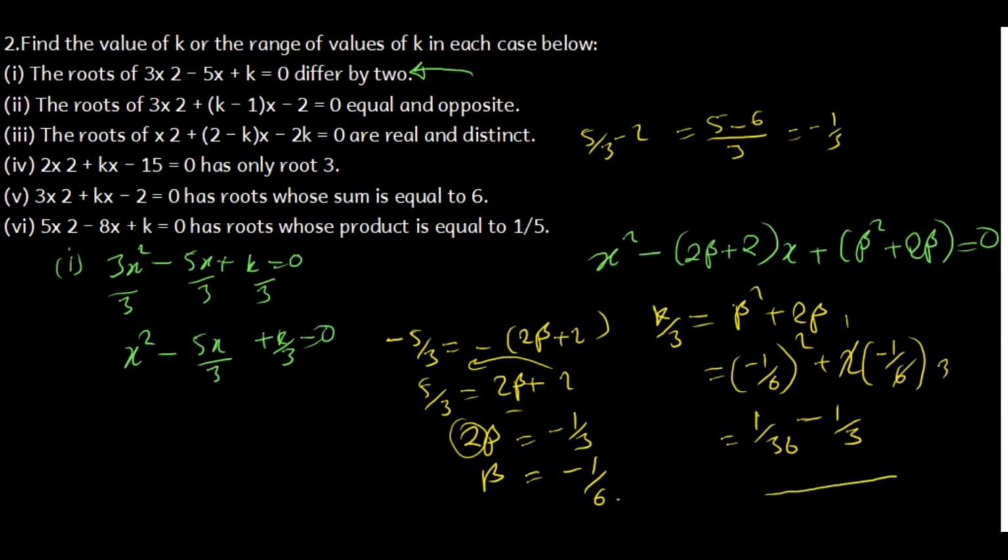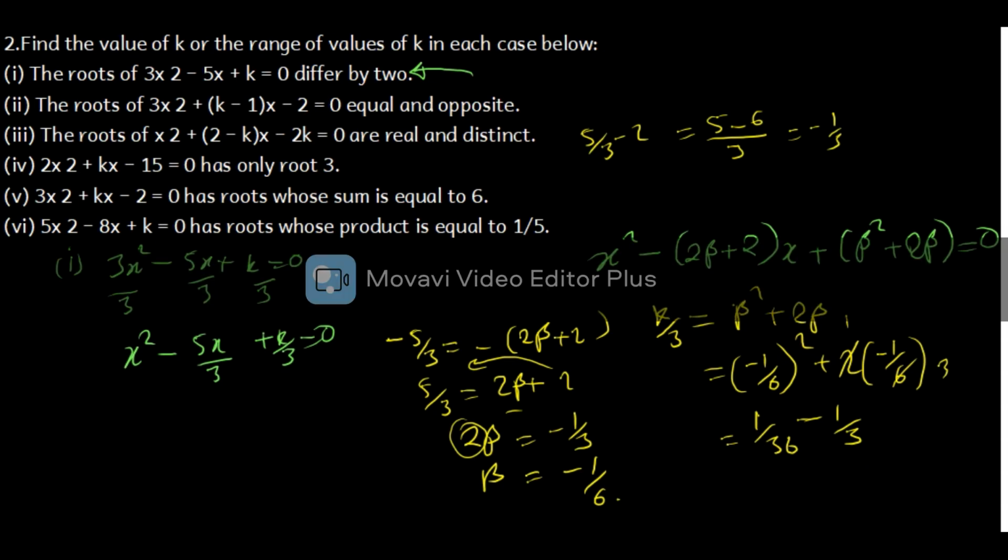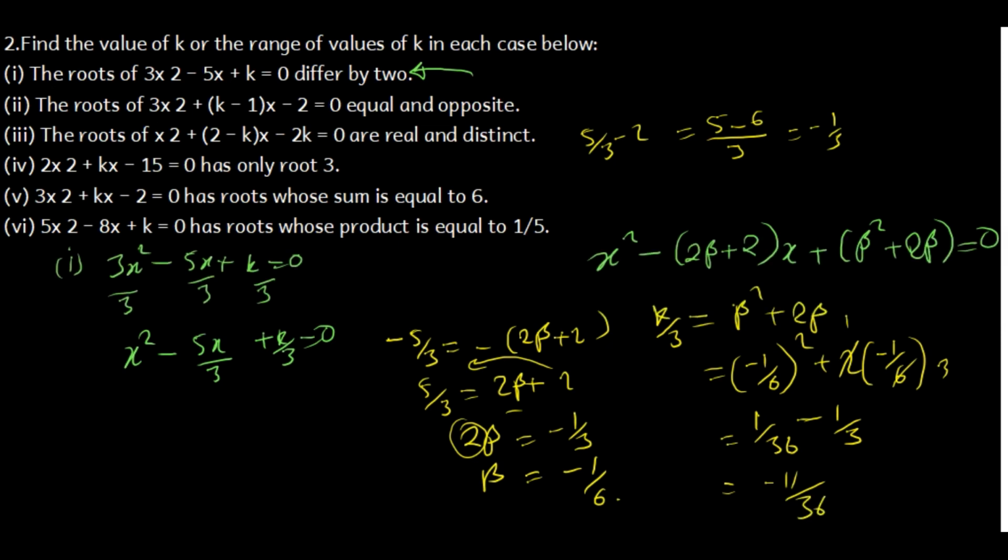So at this point, if we subtract 1 over 36 minus 1 over 3, we're supposed to get negative 11 over 36. So that is the value for k in this case.